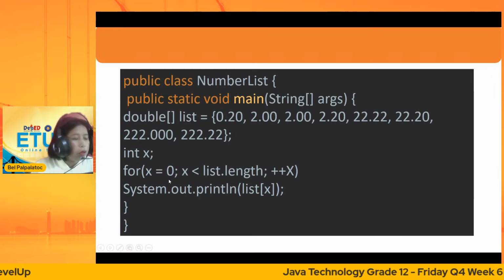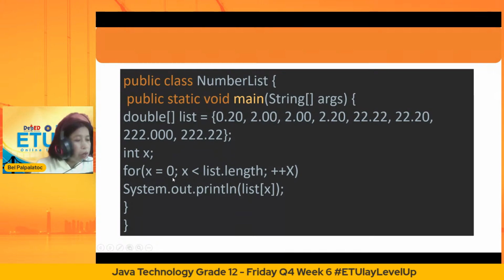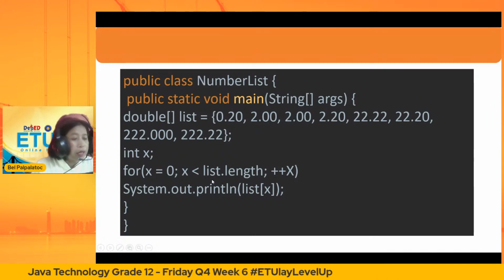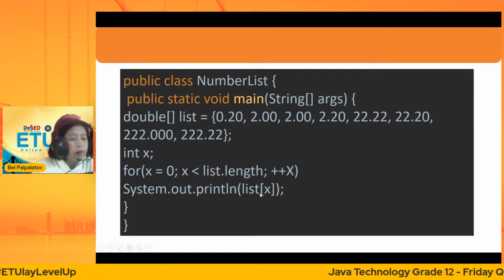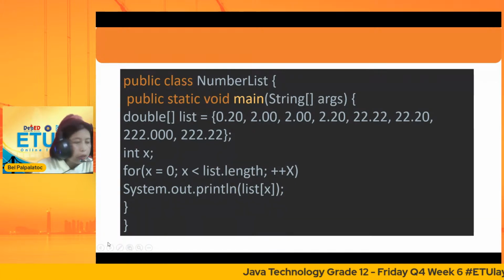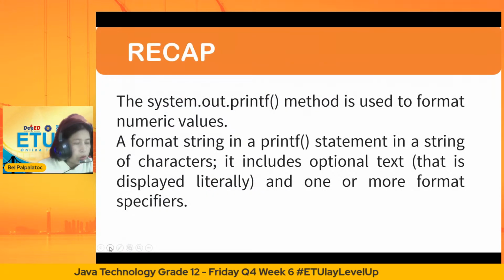We want to display, for x equal to 0, while x is less than the list length, the value of x. So what will the answer be? Later we will see.